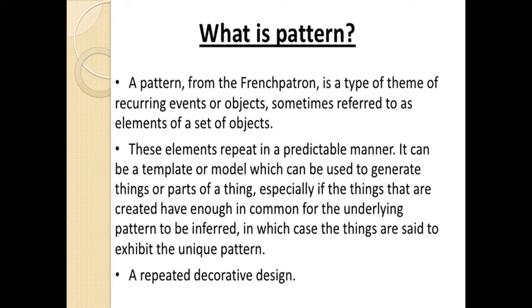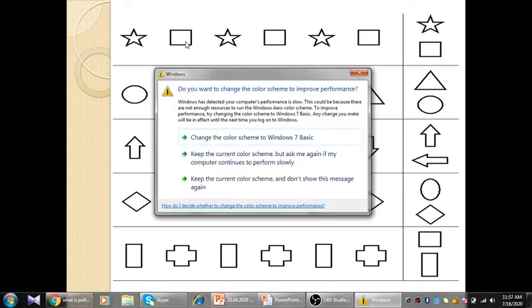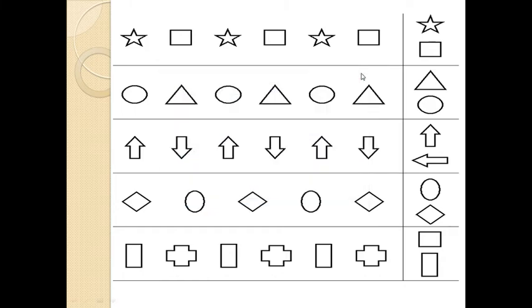If you want to use three shapes like circle, triangle, square, as you like. See, I am using here star and square. So first star, then square, star and square, then what comes next?